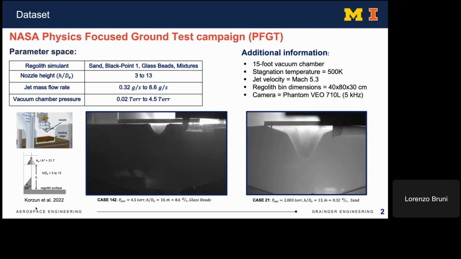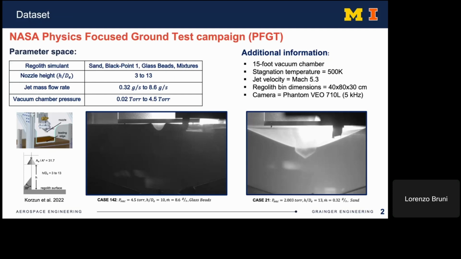So the parameter space that has been studied during these experiments allowed us to vary the regolith simulants, the nozzle heights, the jet mass flow rates, and the vacuum chamber pressures. The setup of this experiment also involved a transparent splitter plate that allowed us to see what's happening inside the crater.